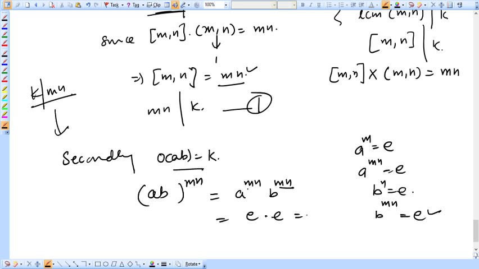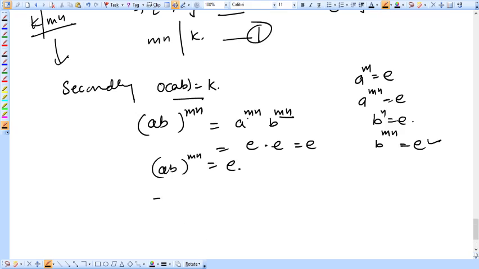So identity into identity is equal to identity. So therefore (ab)^(mn) is equal to identity. This implies order of AB divides mn, but order of AB is k, so k divides mn.